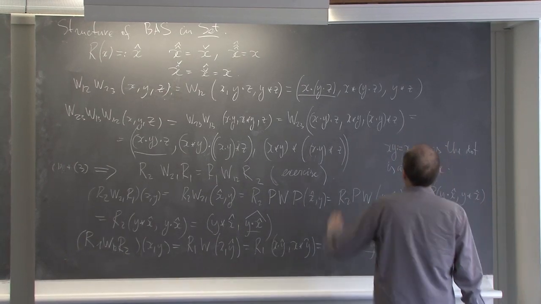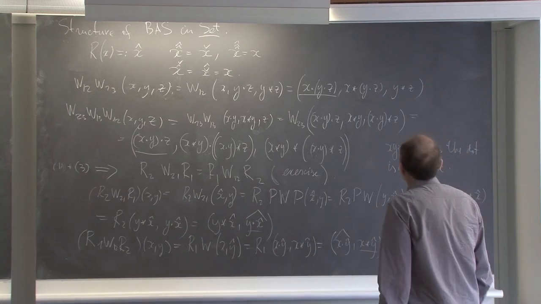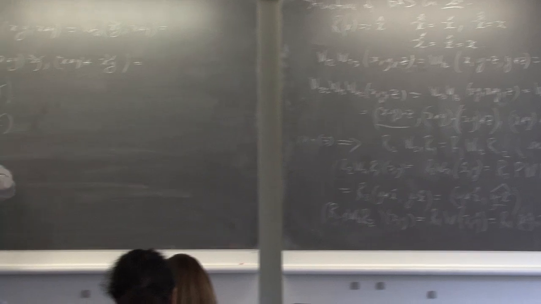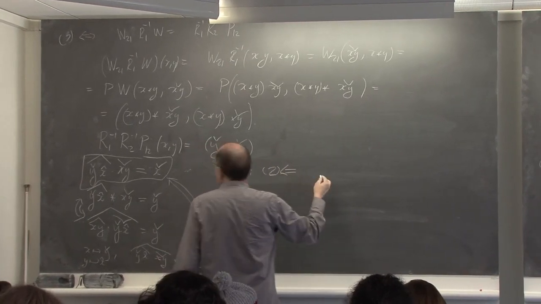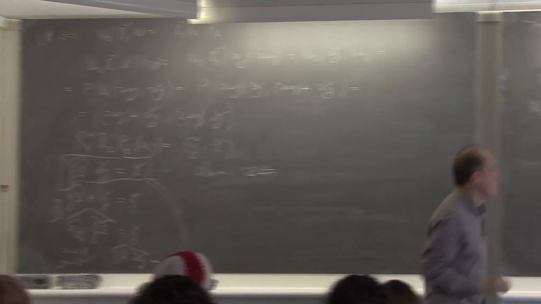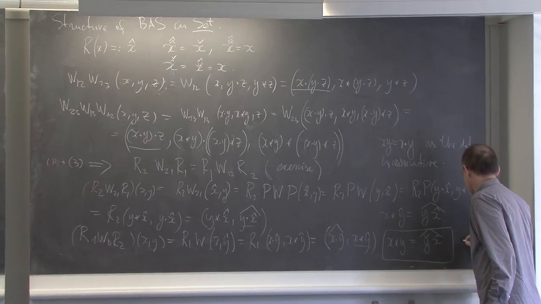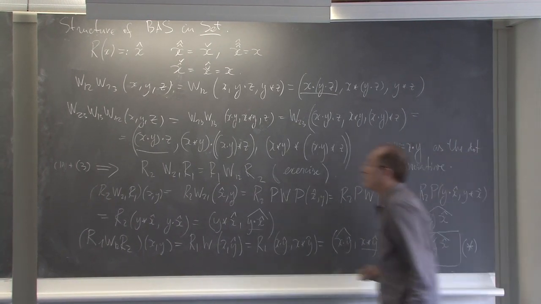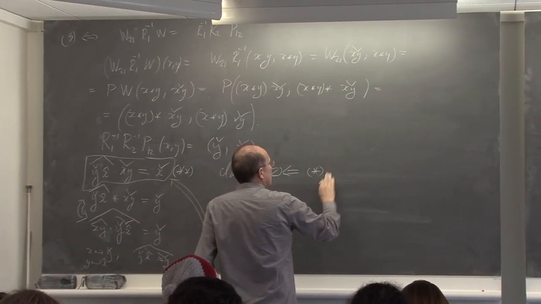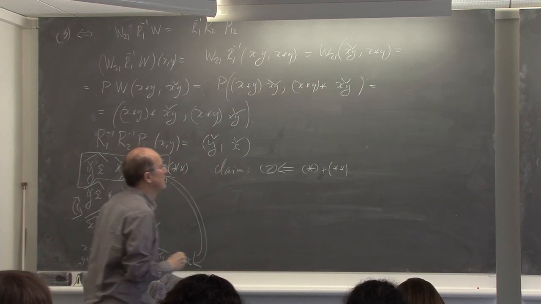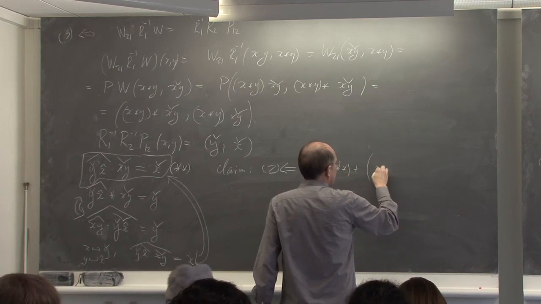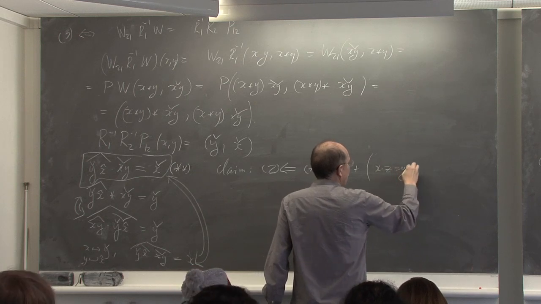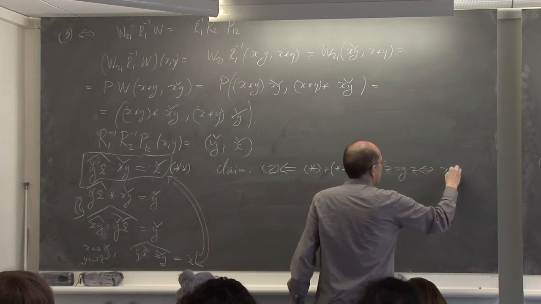Yeah, so it remains to check the pentagon, but the claim is that relation 2, which is a pentagon, follows from, let me call this star, double star, from star plus double star plus the condition that x times z equal y times z is equivalent to x equal y.